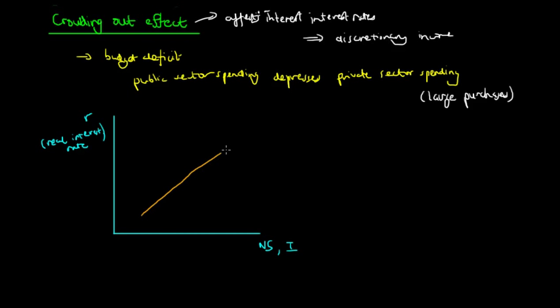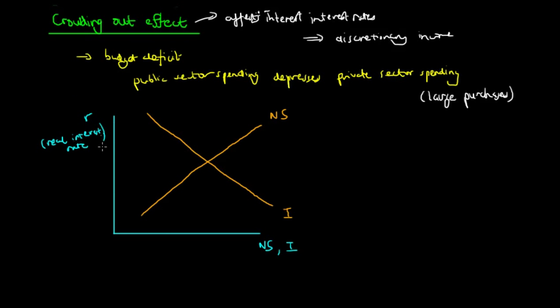Now we have an upward sloping national savings curve because as the real interest rate increases, people would tend to save more and therefore add to national savings. And we have a downward sloping demand curve, but in this case, demand is investment.